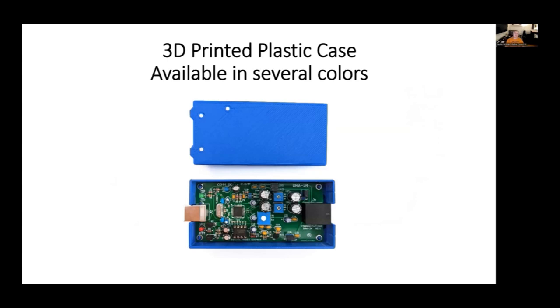So we have plastic 3D printed cases that are available in 6 different colors. Obviously this one's blue, and we actually 3D print them here. And they have a little sight glass there that the LEDs come up through a little piece of plastic that's like a filament, and allows that light to come to the surface of the lid.